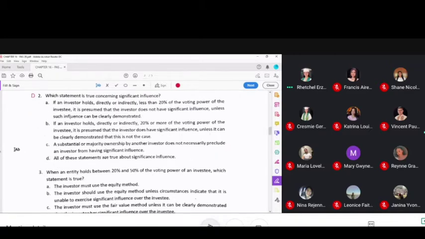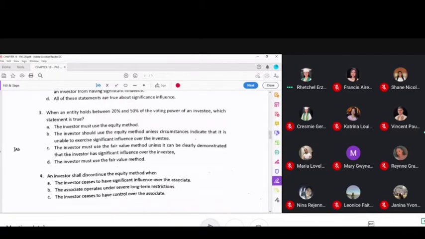Next. When an entity holds between 20% and 50% of the voting power of an investee, which statement is true? A. The investor must use equity method. B. The investor should use equity method unless circumstances indicate that it is unable to exercise significant influence over the investee.